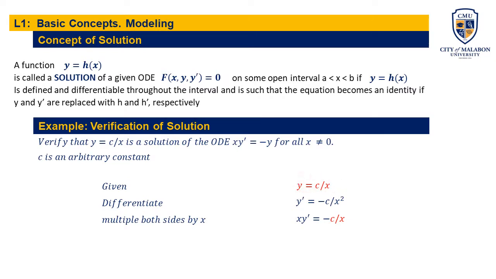If we replace this c over x with y, we will have x y prime is equal to negative y. And this verifies that y is equal to c over x is a solution for this particular ODE.